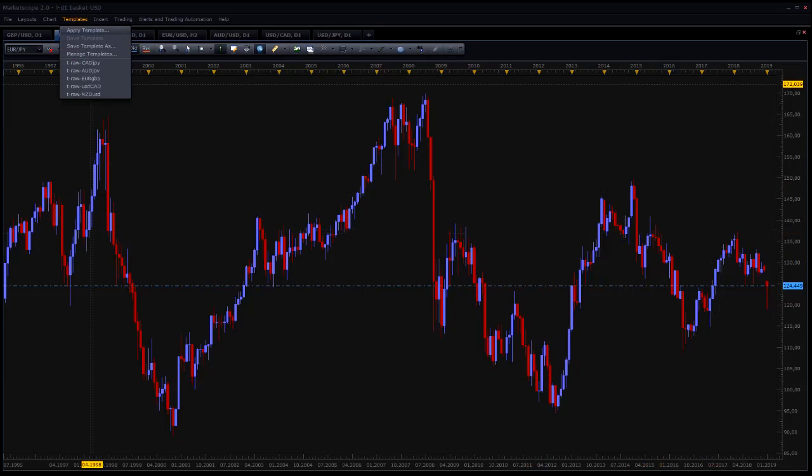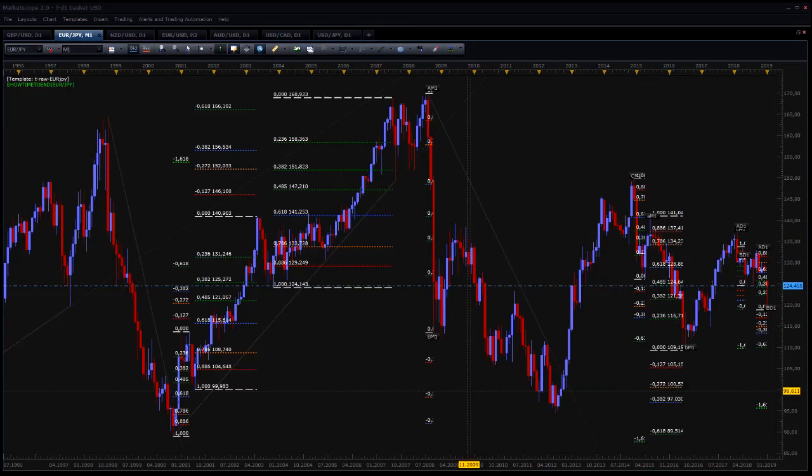So what did I do with Euro yen? What did I draw? Yeah. So the downtrend broke through, started forming waves upwards.